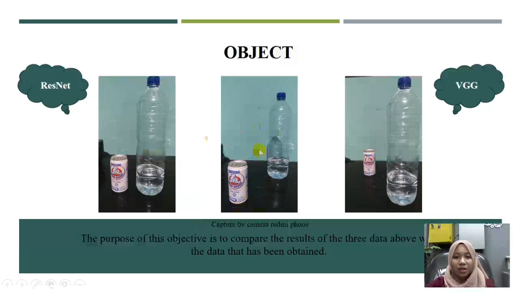Data from the two classes is divided into two data groups, namely training data and validation data. The division for the training process is 70% and the validation process is 30%.